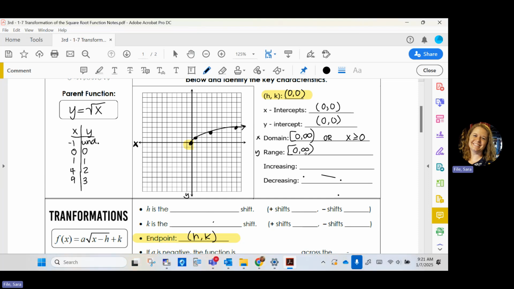A bracket on the 0, a parenthesis on the infinity. But then for the inequality notation, we do need to change that to a y instead of an x. So it's y is greater than or equal to 0. It's everything above 0 or equal to 0.